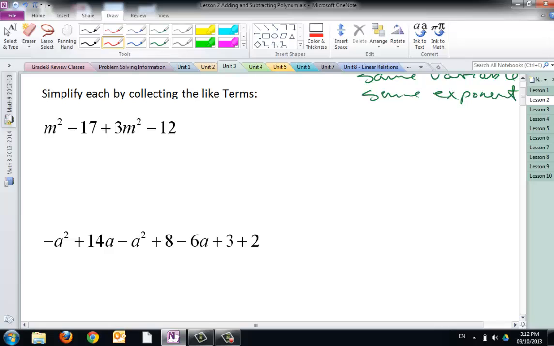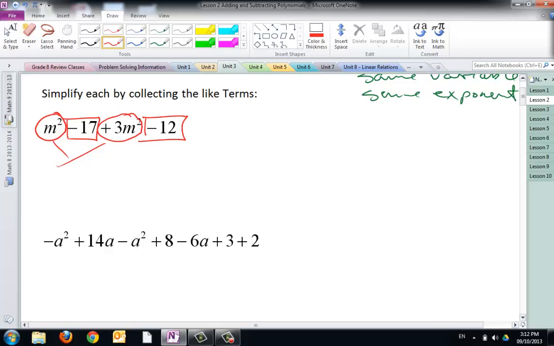So I'm going to examine the thing being added and subtracted, and I'm going to look for all the like terms, and I am going to circle like terms. I'm going to then maybe do a different shape or a different color so that I can visually distinguish what I think are the various like terms, and then I can combine them.